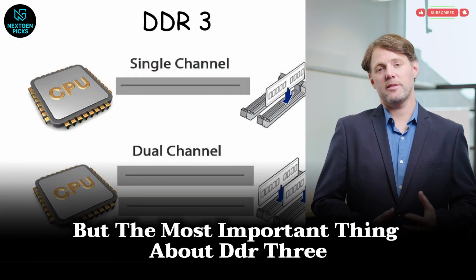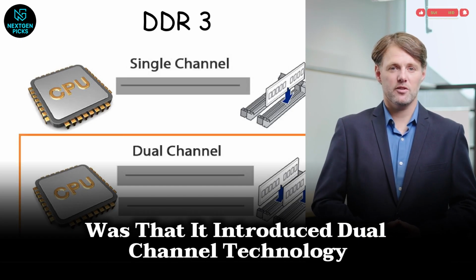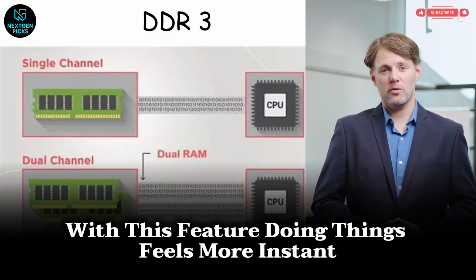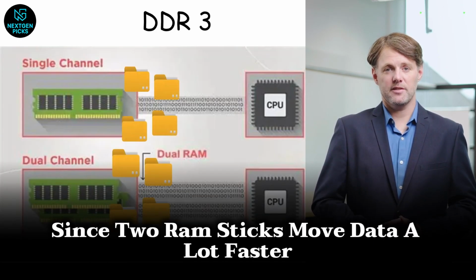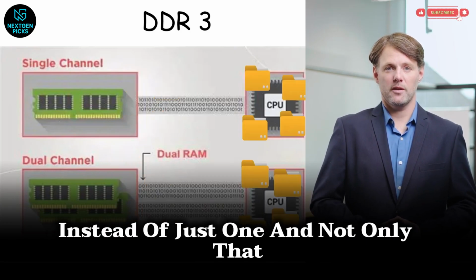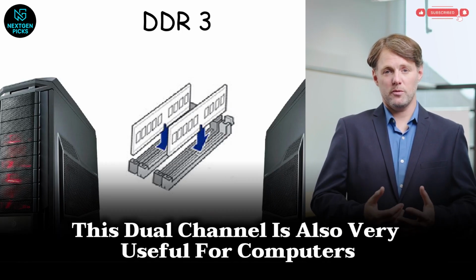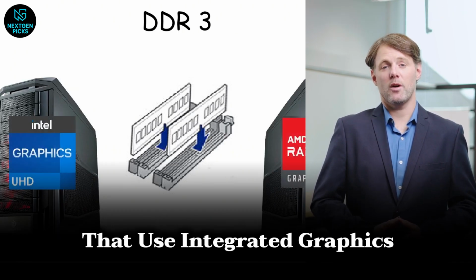But the most important thing about DDR3 was that it introduced dual-channel technology. With this feature, doing things feels more instant since 2 RAM sticks move data a lot faster instead of just one. And not only that, this dual channel is also very useful for computers that use integrated graphics.